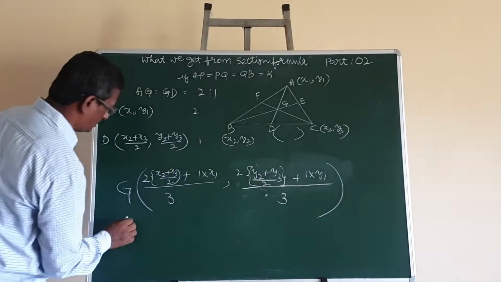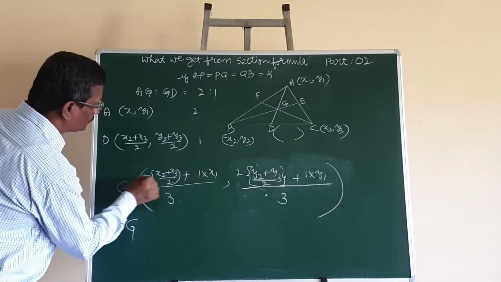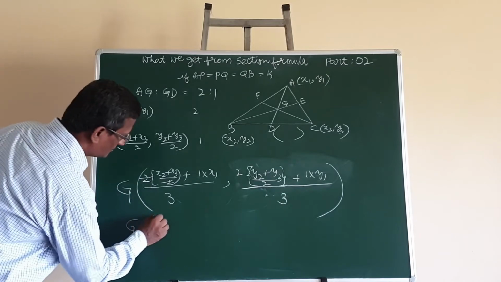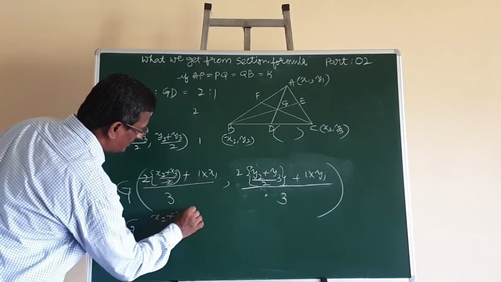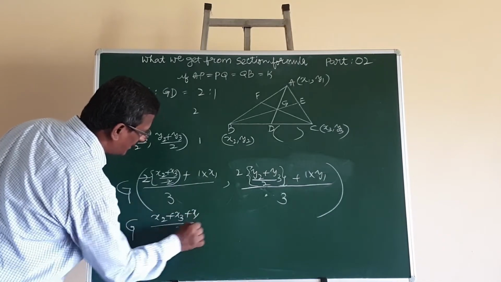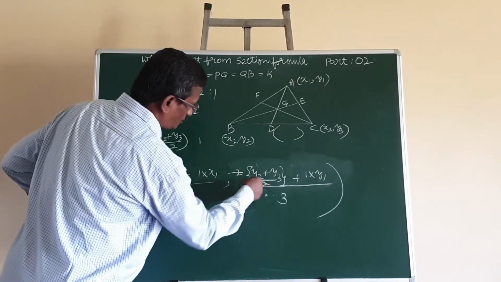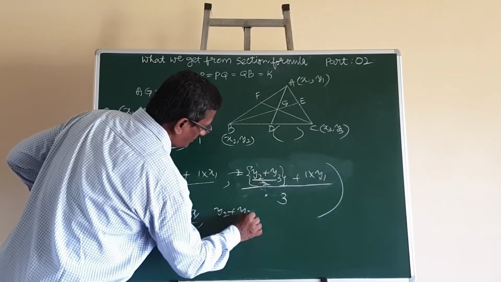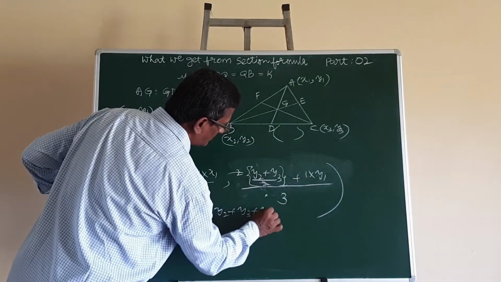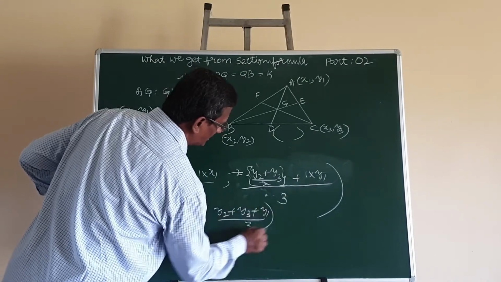So now G is equal to, on cancelling the 2, (x2 plus x3 plus x1) whole divided by 3, comma, also cancelling the 2, (y2 plus y3 plus y1) divided by 3.